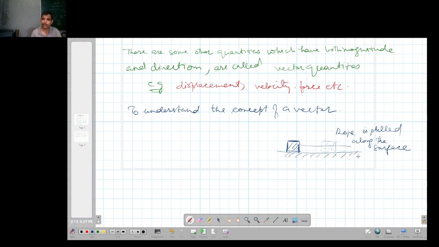That means what will happen when we pull this block? It reaches from A point to B. Means when a block is pulled from A point along this direction, it moves, right? So that means a force acts over it along the horizontal.